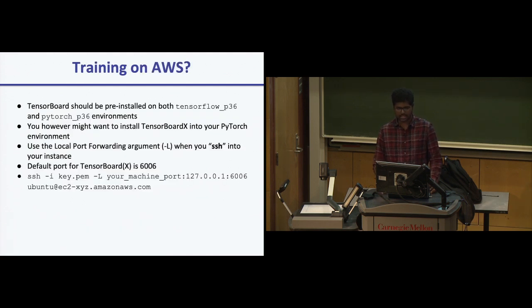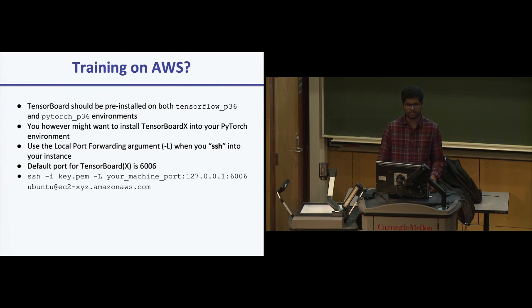So if you're training on AWS, generally for TensorBoard or TensorBoard X, you should start a server to view your outputs, using the command tensorboardX --logdir and passing the directory that you're logging all these events to.